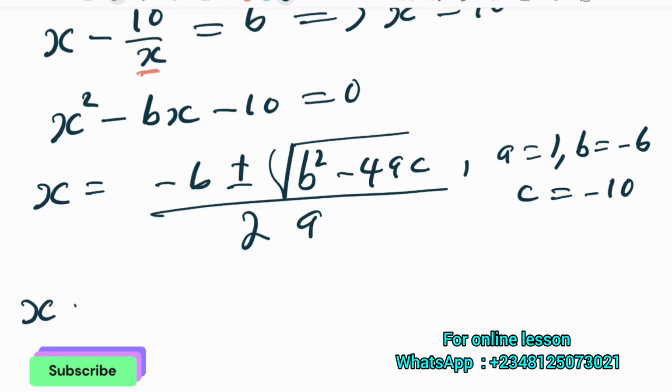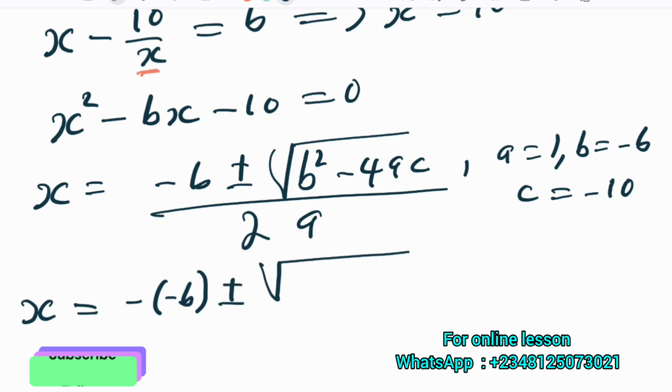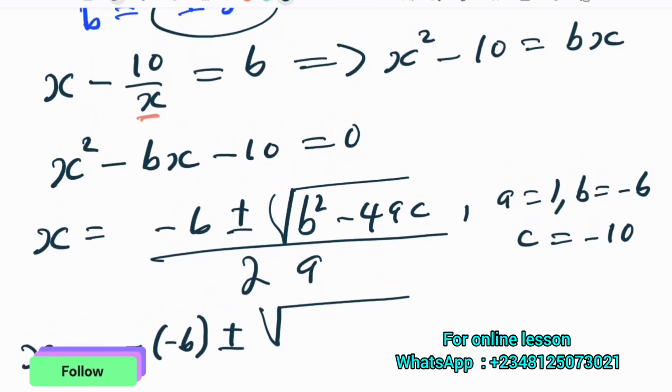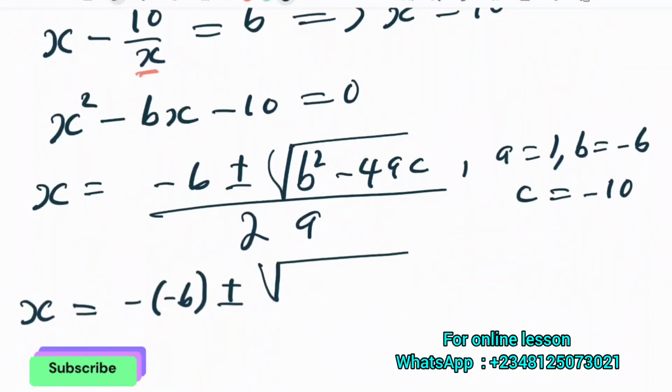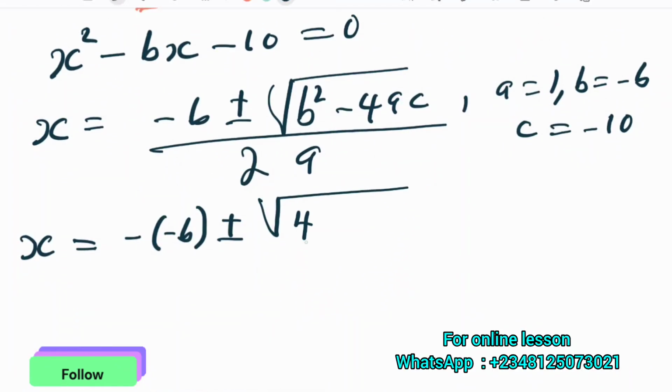So we can have x equal to, we know that b is equal to plus or minus 2. So here we're already having minus b. Then plus or minus the root of b squared. What was our b squared? We said our b squared is equal to 4. So let's replace it with 4. Then we have 4, then minus 4 times a, which is 1, times c, which is negative 10.